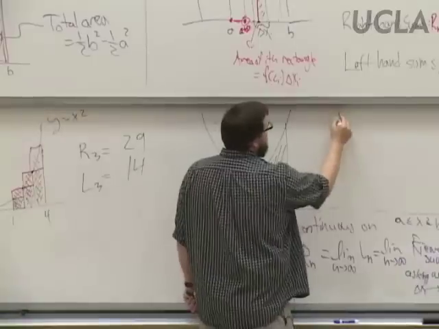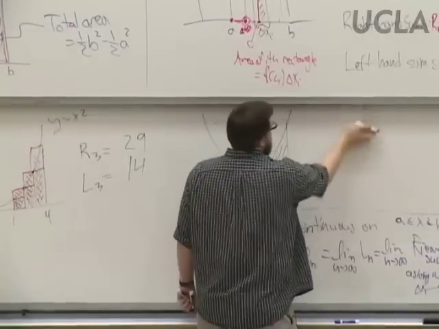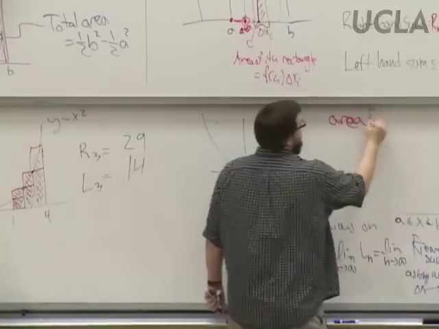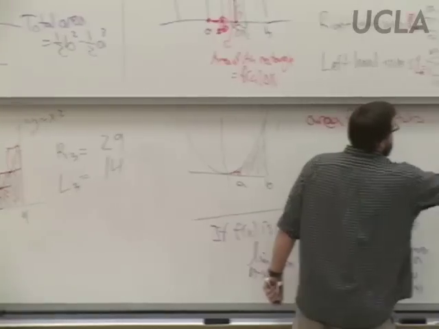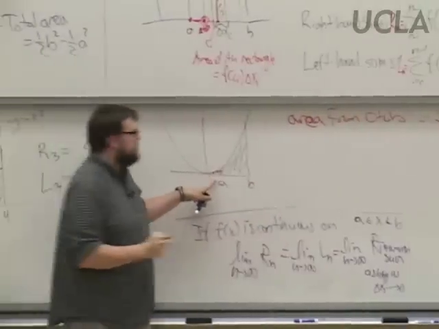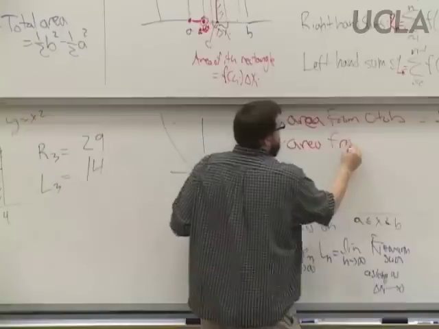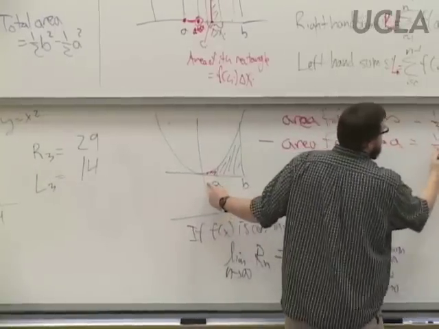I know that area, so the area from 0 to B is 1/3 b cubed. And then I'm going to say, well, I really added too much to begin with. So I'm going to subtract the area from 0 to A, which is 1/3 a cubed.